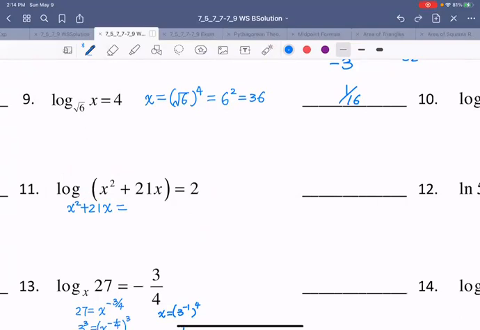Okay. So 10 to the power of 2, yes, which is 100.